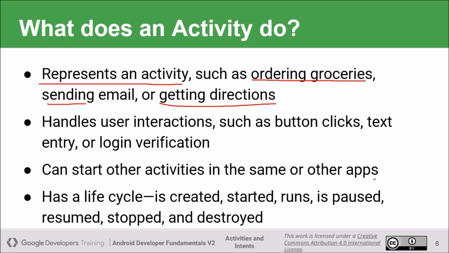It does not matter whether one activity calls another activity in the same application or in another application, because activities coordinate with each other with the help of intents. That's why we say it can start other activities in the same or other apps.